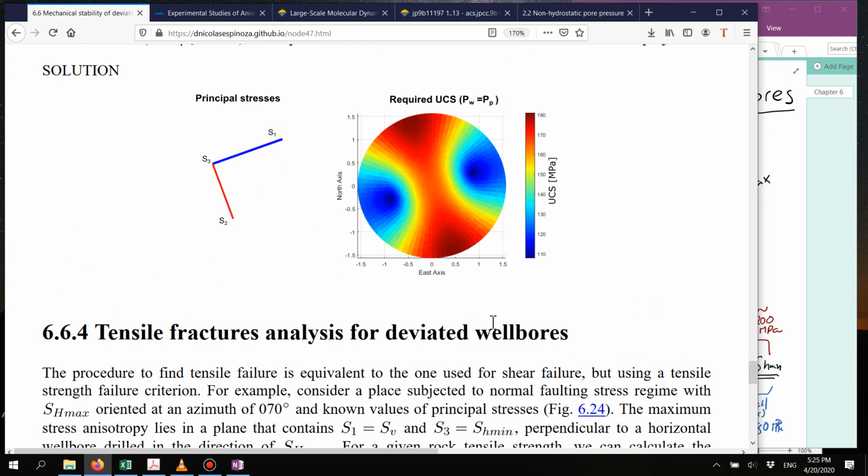It just has to be extended for an orientation which is not aligned with one of the principal stresses. But if you use those equations, you could do that. What I'm going to ask you to know is how to interpret these plots and how to interpret what is the azimuth and what is the deviation of a wellbore in some of these plots.